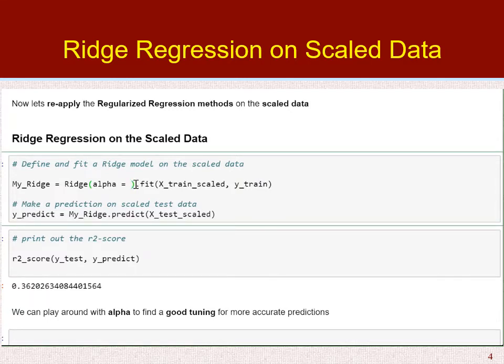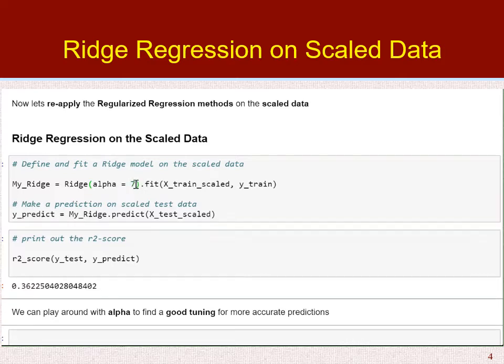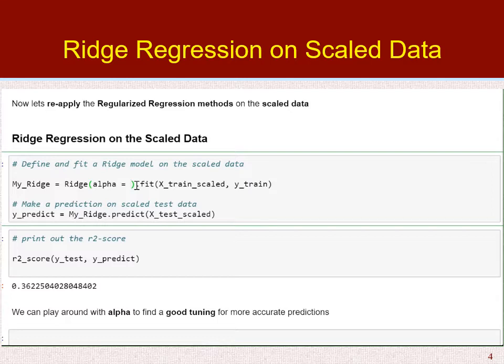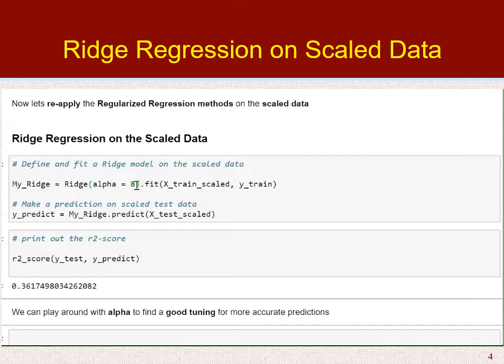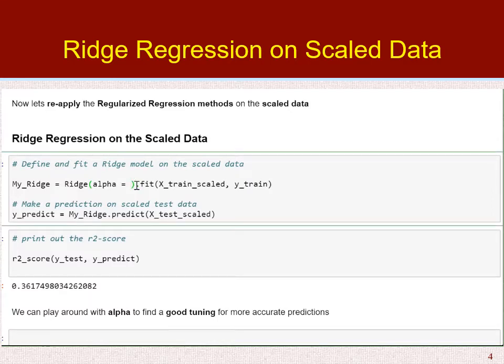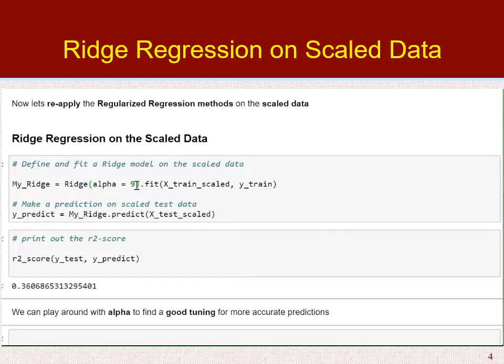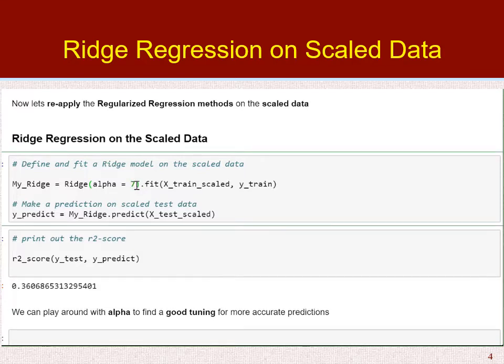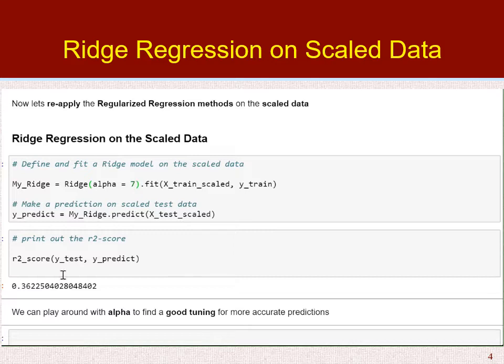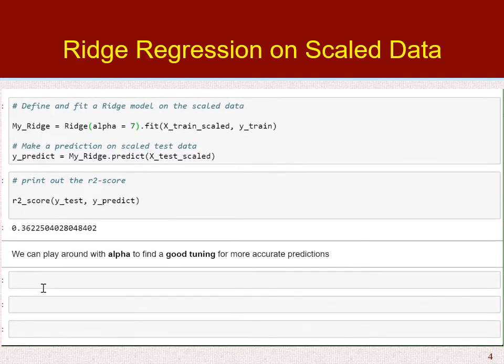Improved. I'm going to increase it to 7. All right. How about 8? It decreased. 9. It decreased. So I'm going to keep it at 7. All right. 36.